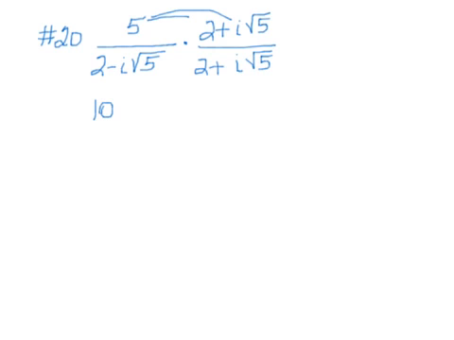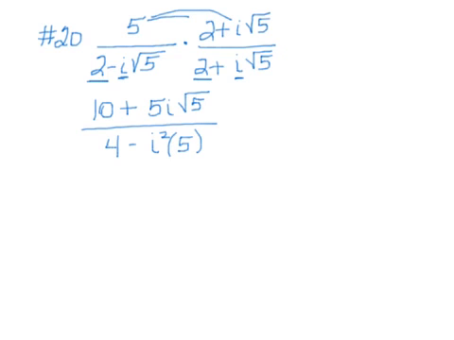So we've got 10 plus 5i square root 5. And the conjugate, the inside and outside, cancel, so we're going to multiply the 2's, which is 4. Multiply the i's, i squared, and then the 5. So, like this.